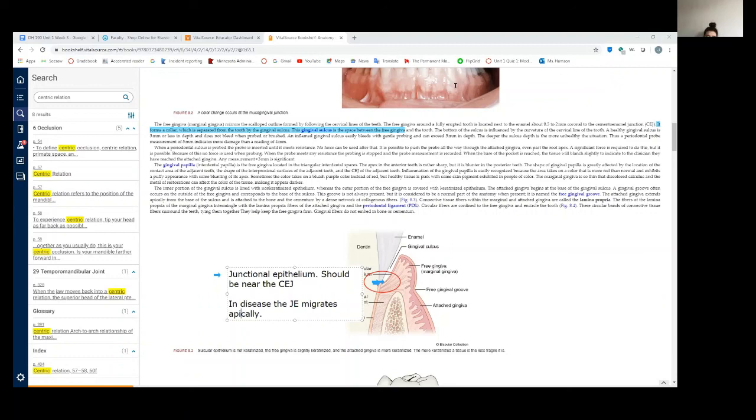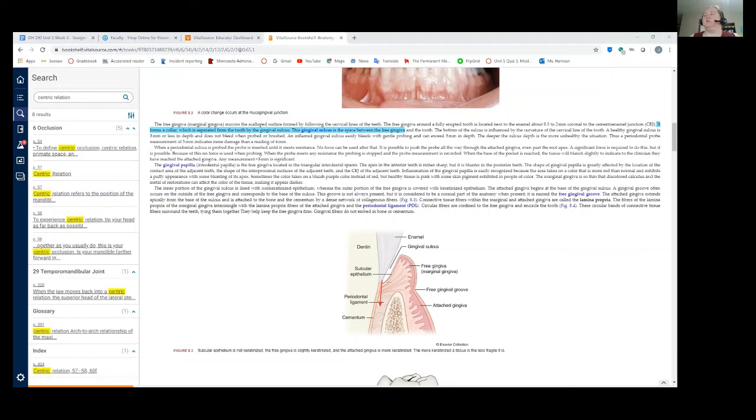Okay. So now what's happening is it's moving, oops, it's moving this way. That's what migrating apically means.